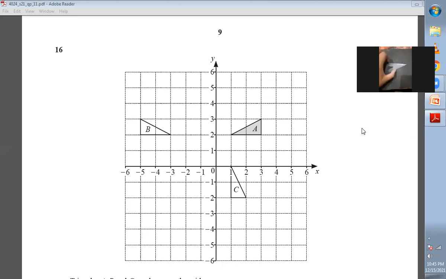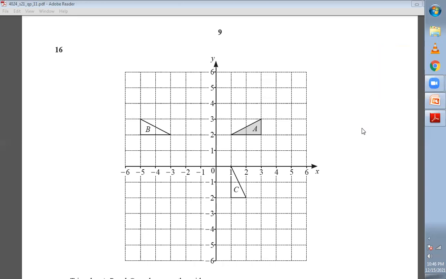This orientation is not the exact orientation of triangle B. You can rotate it 360 degrees, but it will not be exactly like B. So this is not a rotation, because I rotated it but it does not match triangle B. It's 100% a reflection.